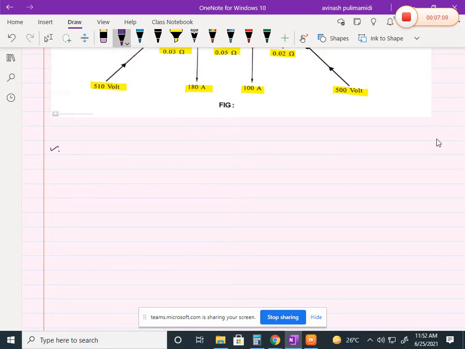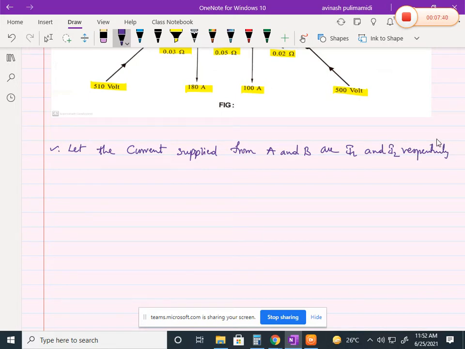First one. Let the current supplied from both ends A and B be I1 and I2 respectively.